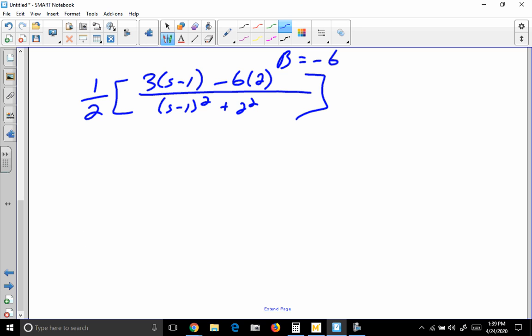In our transformations, we either want an s minus 1 on top or we want a 2 on top. We don't want both of them on top. So we can split this into two different fractions. For the first one, we can pull the 3 out front, and we can call that s minus 1 over s minus 1 squared plus 2 squared.